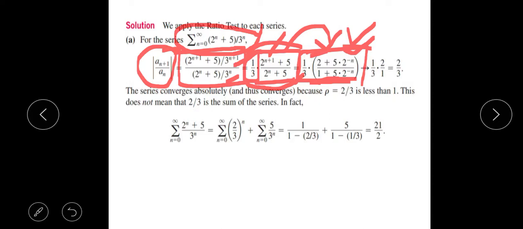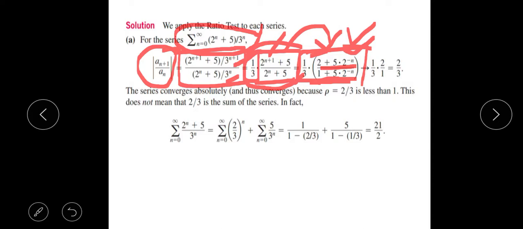Now if you take the limit n tends to infinity on this expression, what will you get? Observe carefully the term 5 multiplied by 2 raised to minus n. This is nothing but 5 upon 2 raised to n.